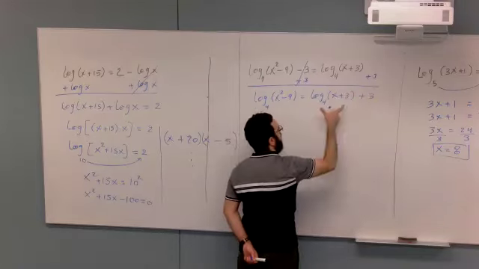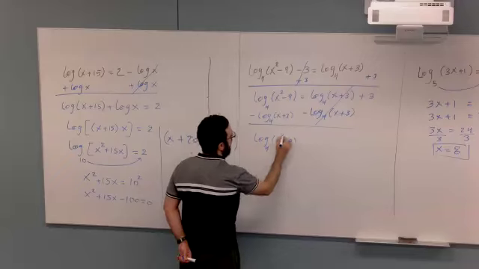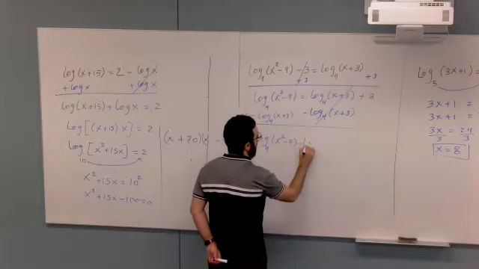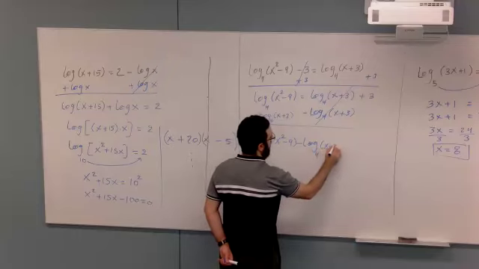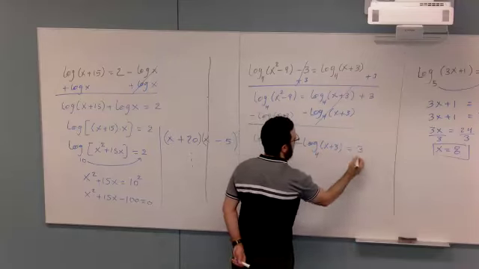From this side, here is going to be log 4 x squared minus 9 minus log 4 x plus 3 equals 3.